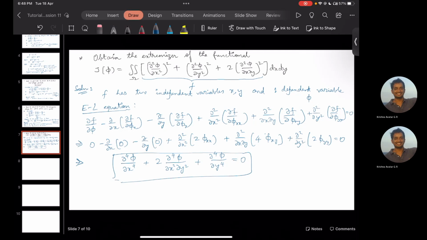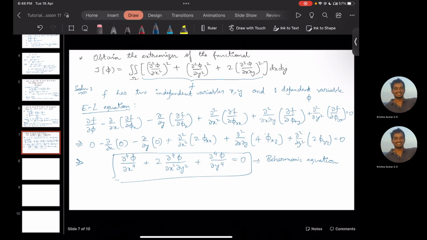If you recall it, this is what is widely known as the biharmonic equation. You can come across this equation in various forms in various areas of engineering and science. In mechanics, it tends to have a particular name.